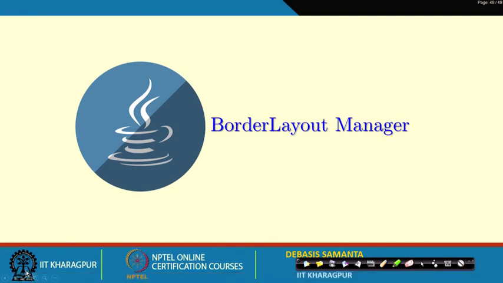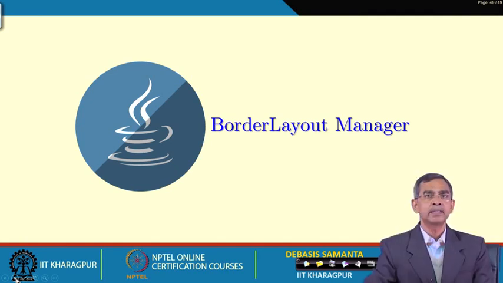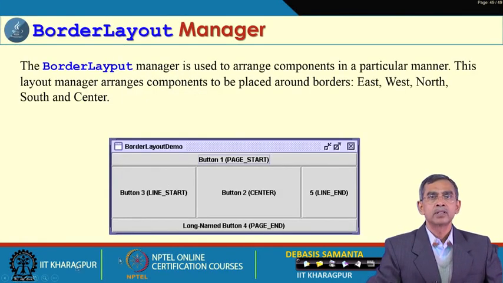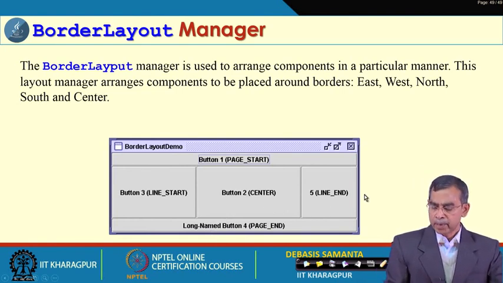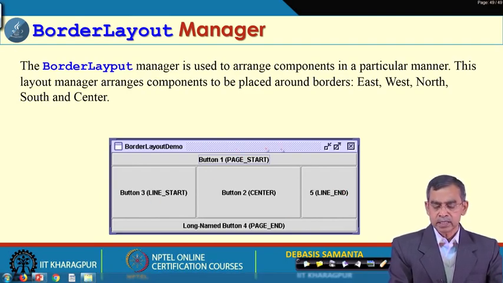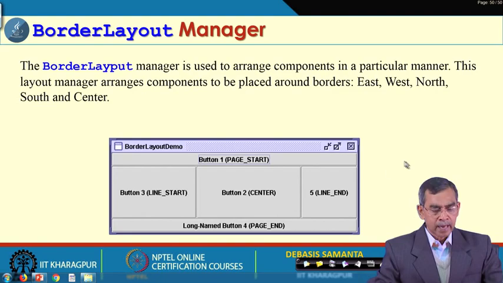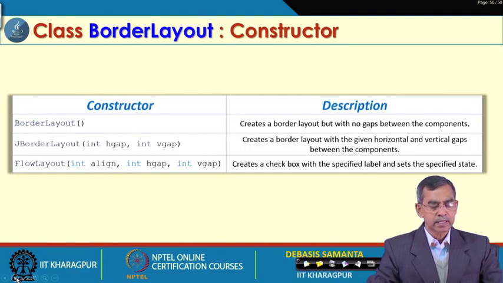Now, let us see how the border layout manager can be invoked and which class it is. This is the general look of the border layout manager as I have told, for example, with button 1, button 2, button 3, button 4 and so on. Now the class definition: the border layout manager has two constructors.